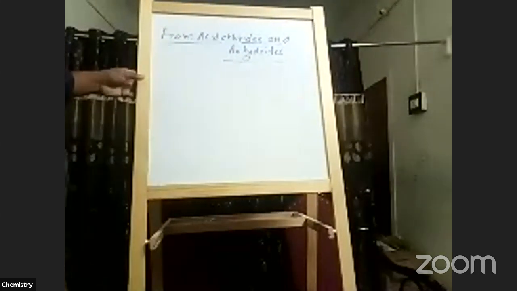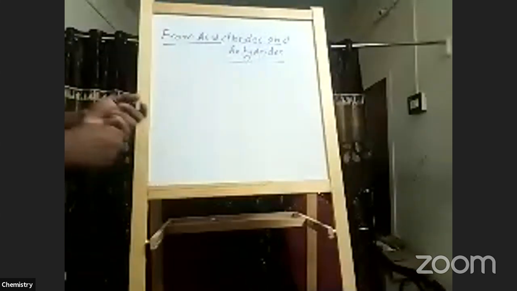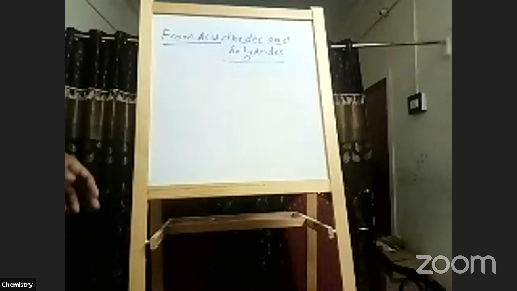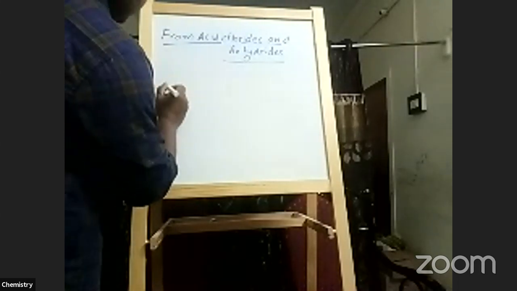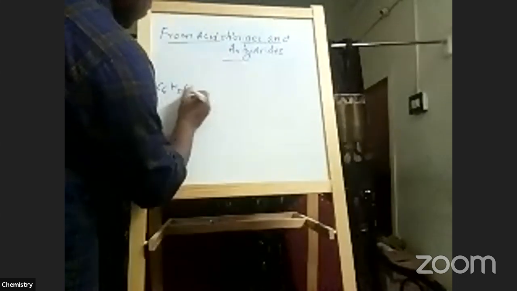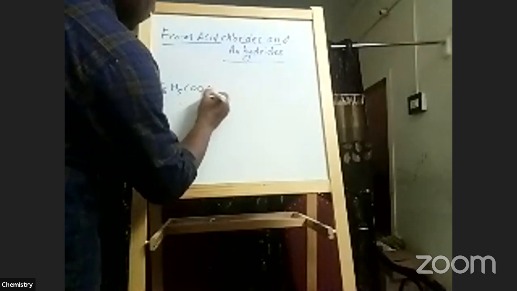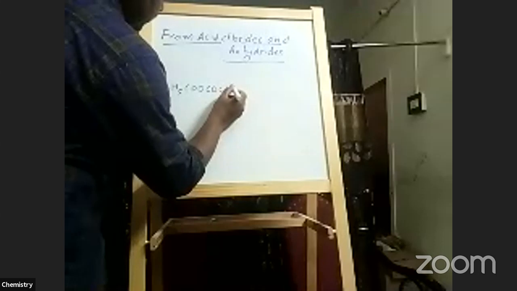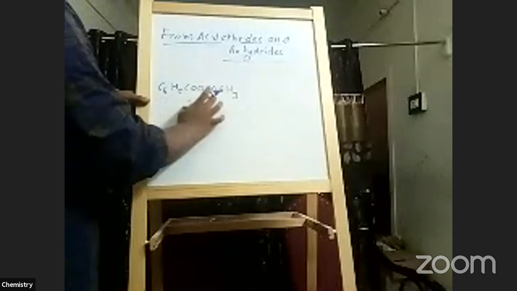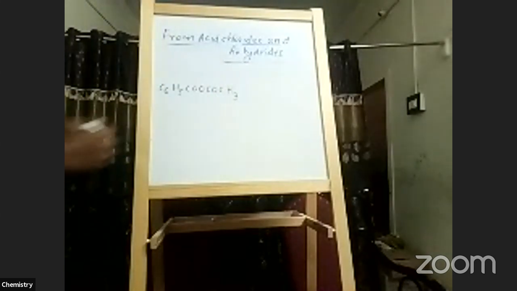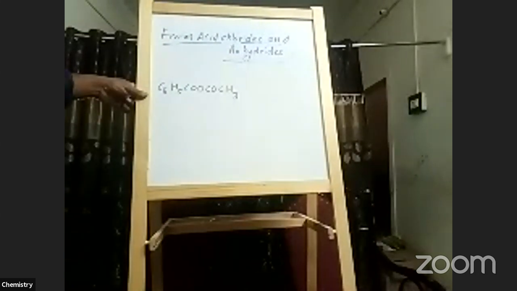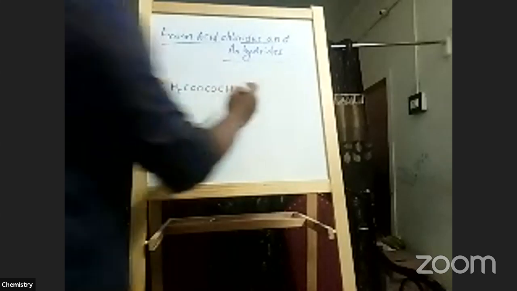We have seen acid chlorides, Nana. Now from anhydrides. Here only hydrolysis we are taking. So C6H5COOCOCH3 is the anhydride. On hydrolysis, reacting with water, it directly produces carboxylic acid.